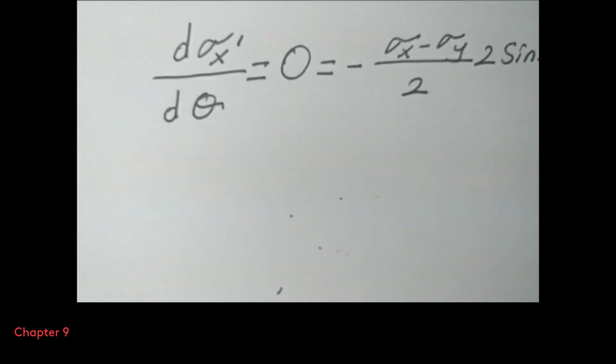Now we can simplify this expression. Certainly from here what we are going to obtain is tangent of 2 theta is equal to tau xy divided by sigma x minus sigma y, let's multiply it with 2.